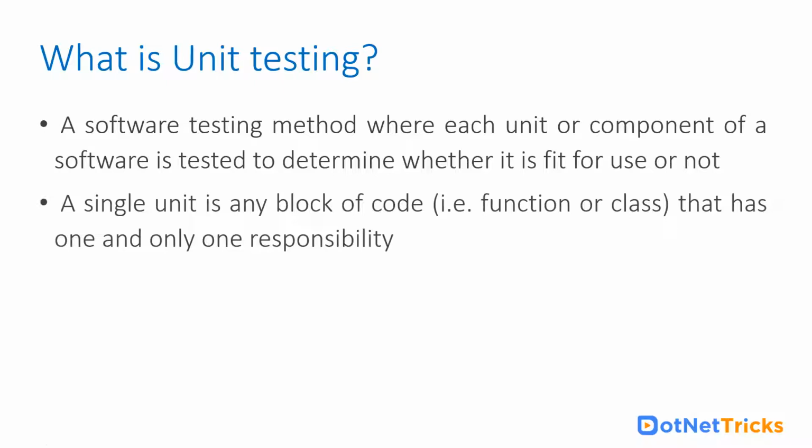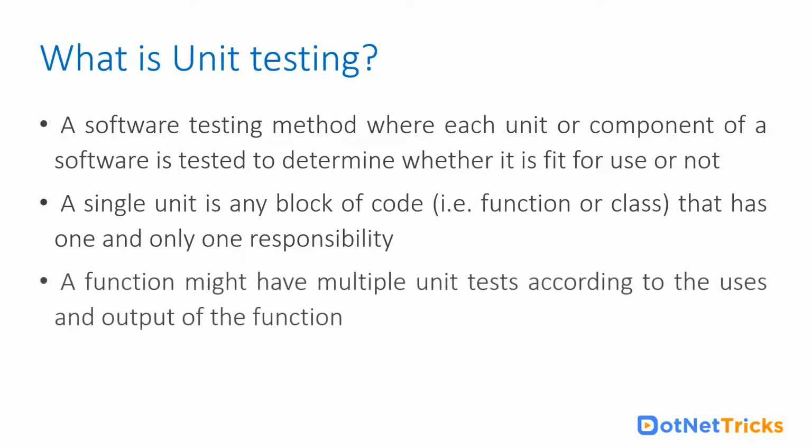So what is that single unit? The single unit can be a class, a function, or a block of code that has one and only one responsibility. So make sure the class or method you write implements only one responsibility. If you have a method with multiple responsibilities, please decompose that method into multiple ones, so that you have only one responsibility over there.